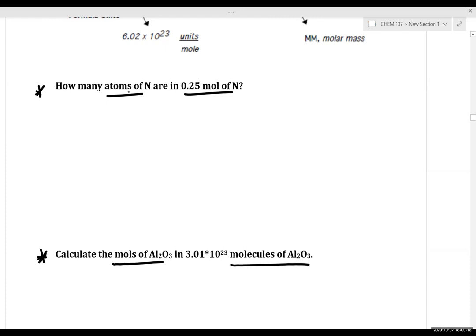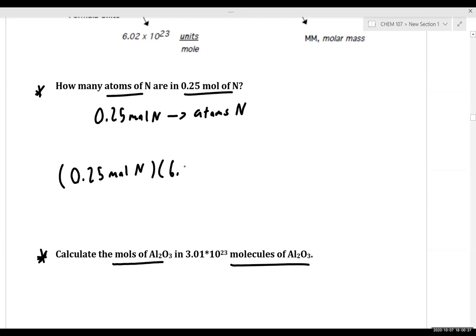So we're asked to calculate the atoms of nitrogen in 0.25 moles of nitrogen. So we're trying to go from moles of nitrogen to atoms of nitrogen. So we'll use Avogadro's number. With 0.25 moles of nitrogen, we know that we have 6.02 times 10 to the 23rd atoms of nitrogen in 1 mole of nitrogen.